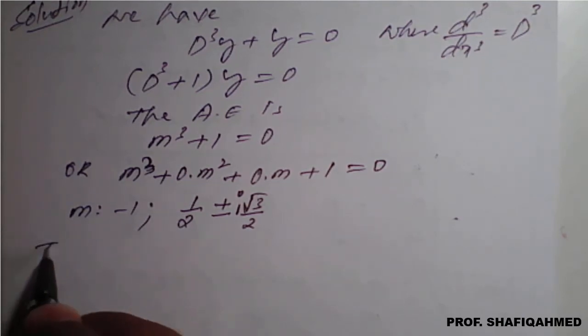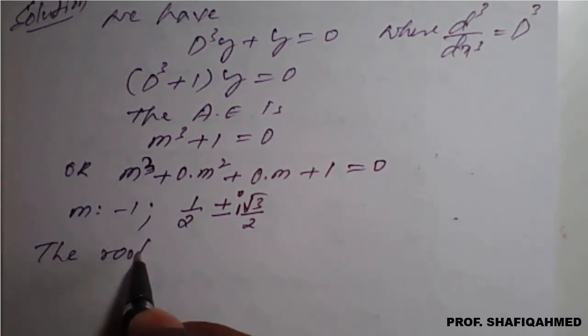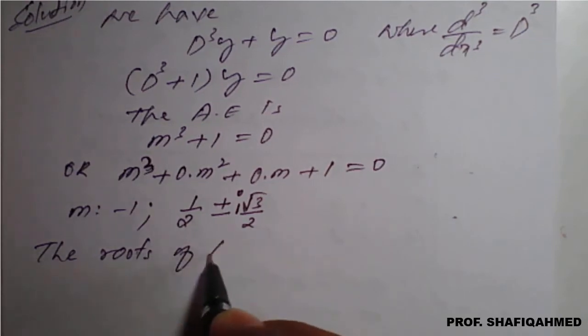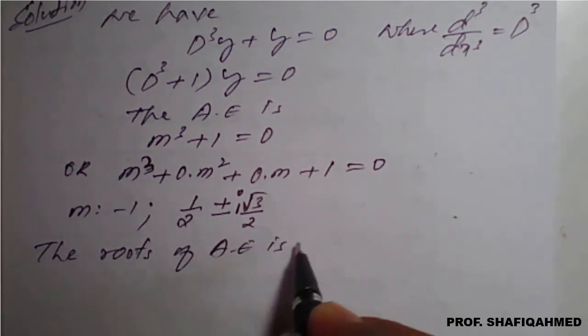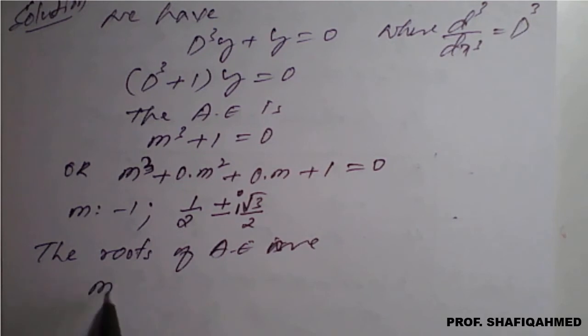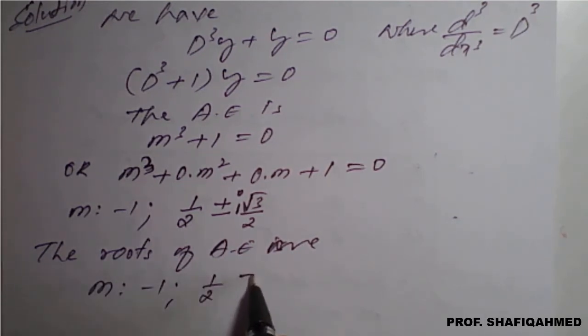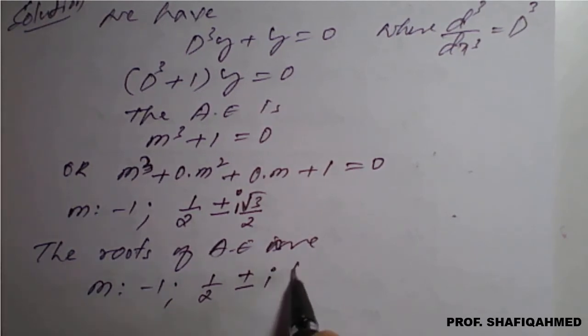So once again, the roots of the auxiliary equation are m equal to minus 1, 1 by 2 plus or minus i root 3 by 2.